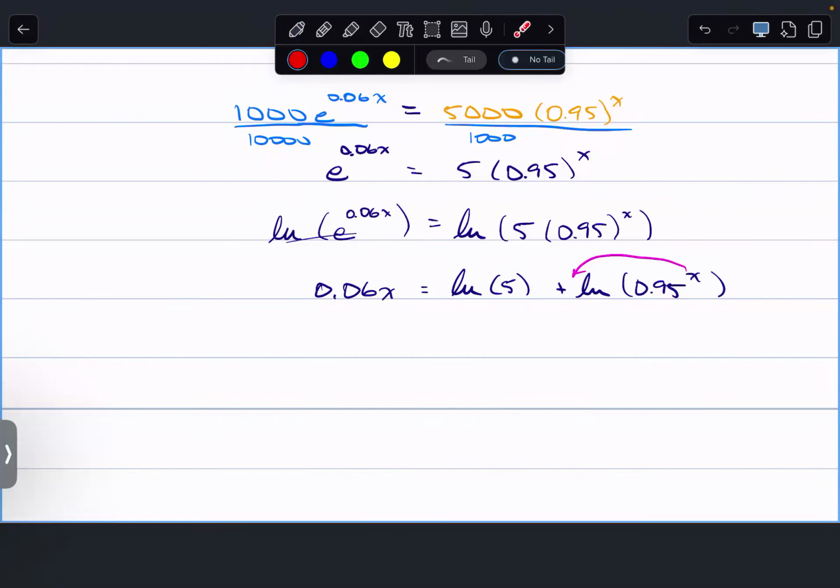So now 0.06x minus x times the natural log of 0.95 is the natural log of 5. I did that so that I can pull out a common multiple of x on the left-hand side. So I get x times 0.06 minus the natural log of 0.95 is the natural log of 5.